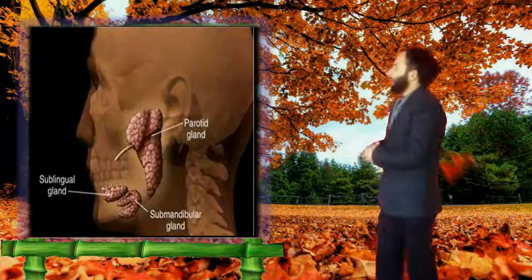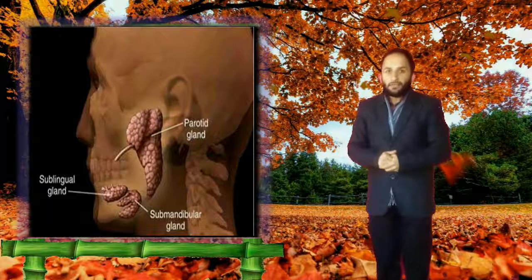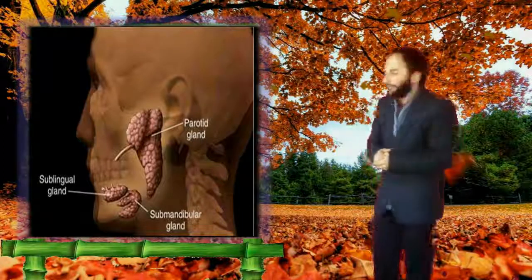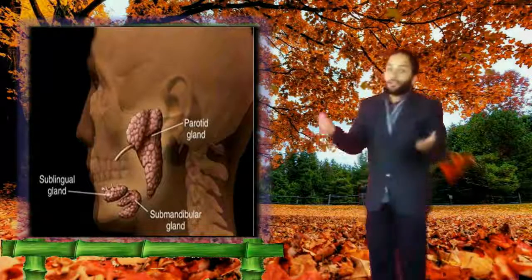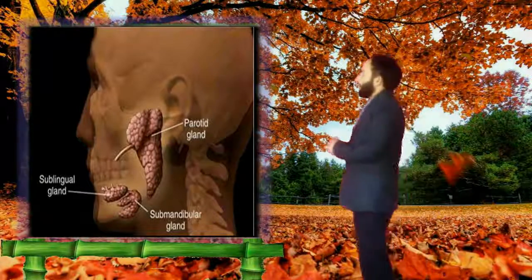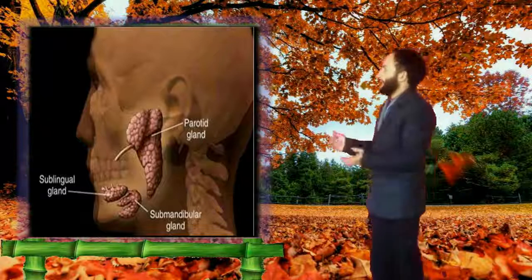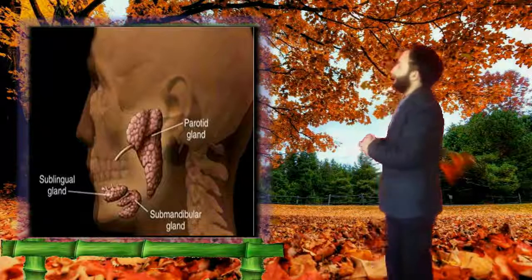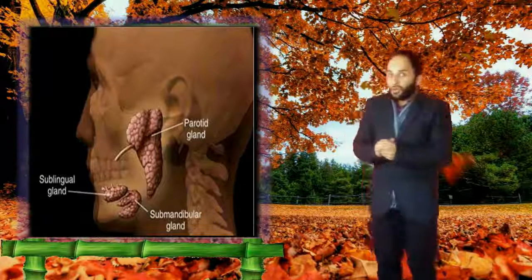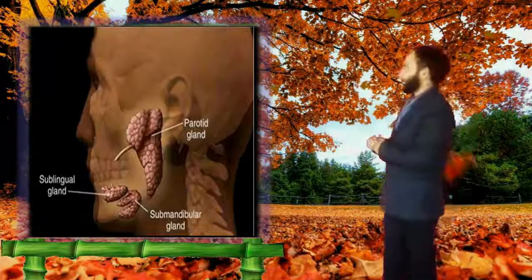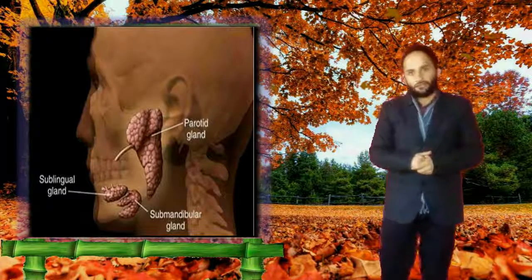These glands are exocrine, meaning they contain ducts. They produce saliva, which is formed of several things including amylase, a digestive enzyme that breaks down starch into maltose and glucose. It also protects us from infection.